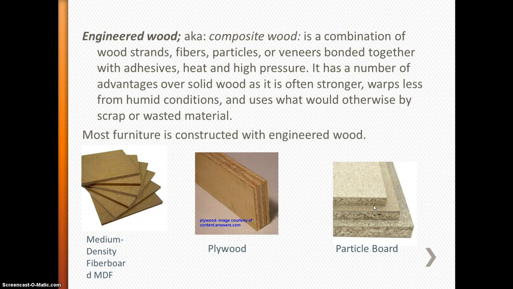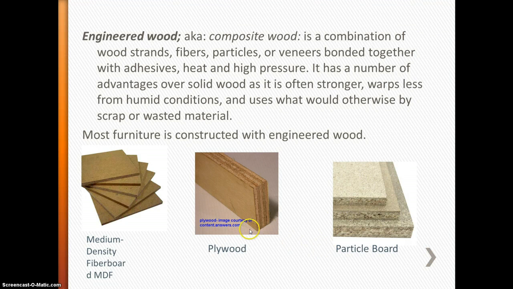These are made up of wood strands, wood fibers, and wood particles, and then they're either veneered or bonded together with adhesives and heat and pressure. The advantage of engineered wood over hardwood is that it doesn't have that expansion and contraction as much as solid wood. With solid wood, we don't know what's on the interior portion of it. You don't know what's there until you cut it. With engineered wood, it's already been cut and processed.